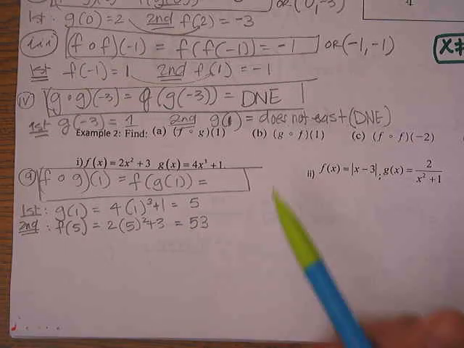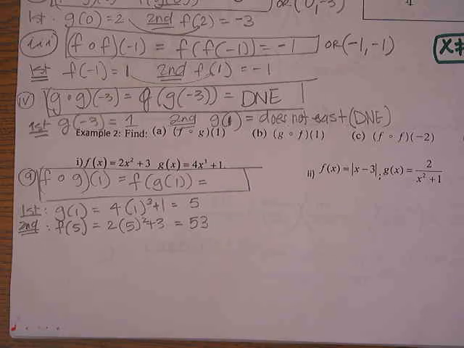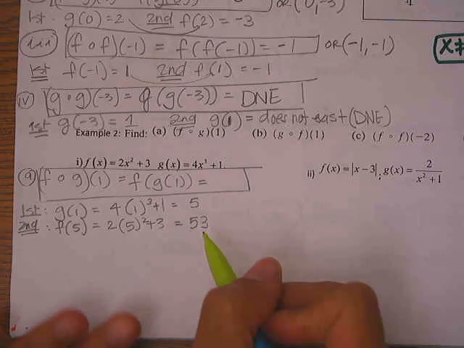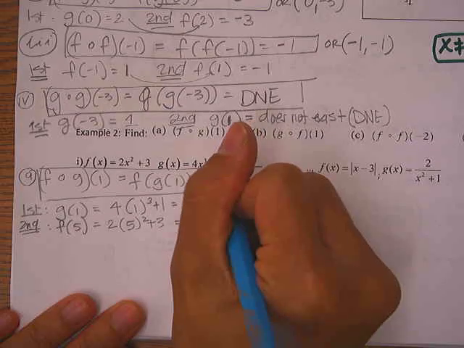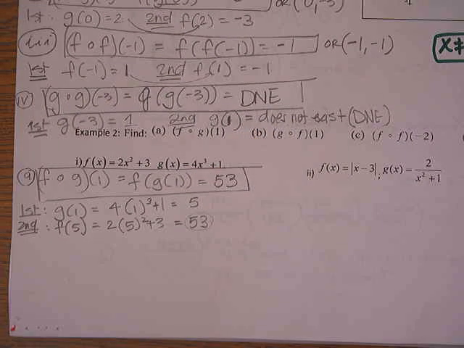So which number am I going to write in my final answer? You're right, it has to be the last output. So this is your 53.